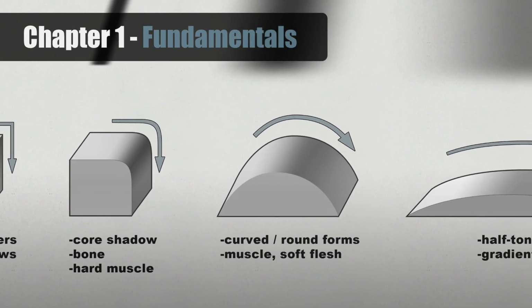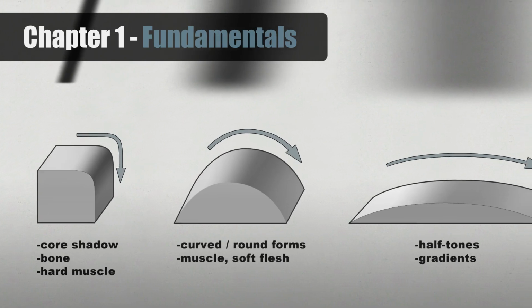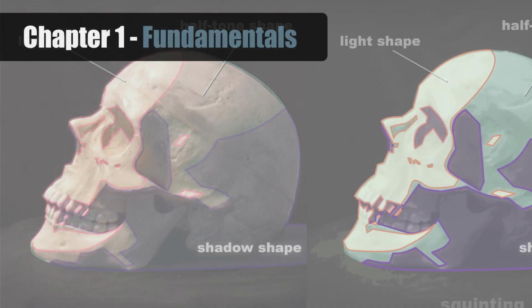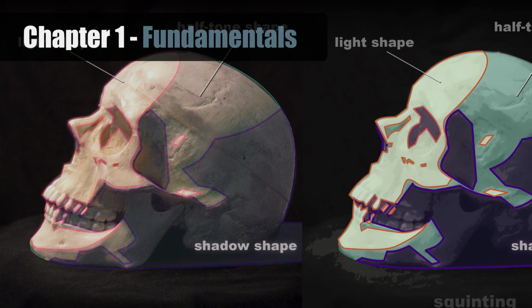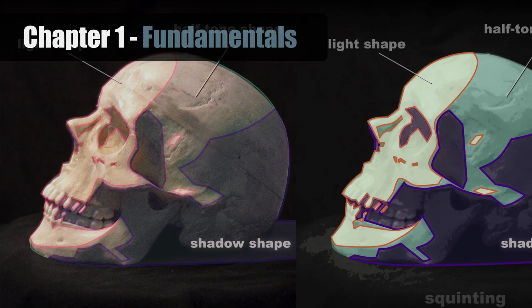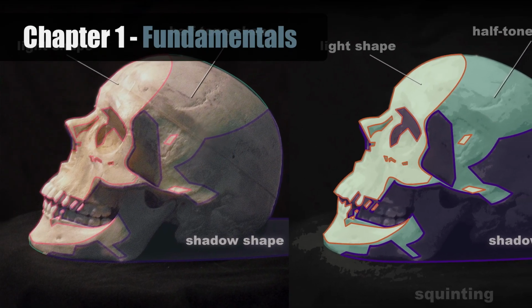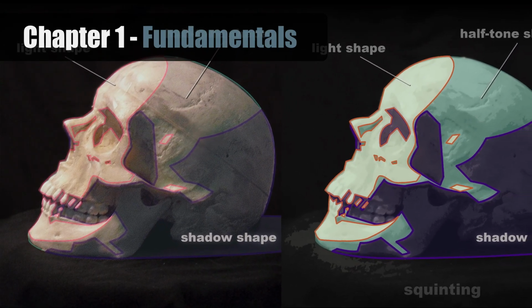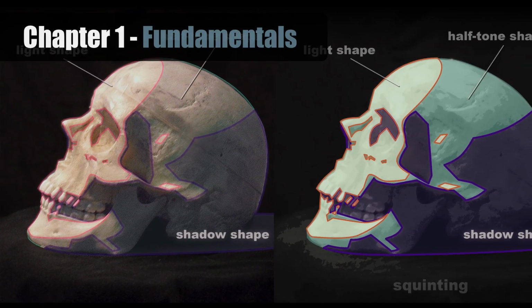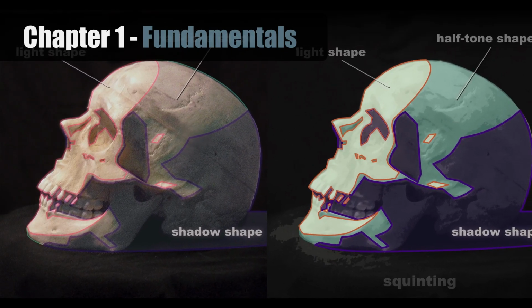And that's the key part to this entire course, is really being able to see correctly, to understand light and shadow, understand how it works, and to understand how we can translate what we see into beautiful shaded drawings. So you definitely don't want to skip the Shading Fundamentals video.